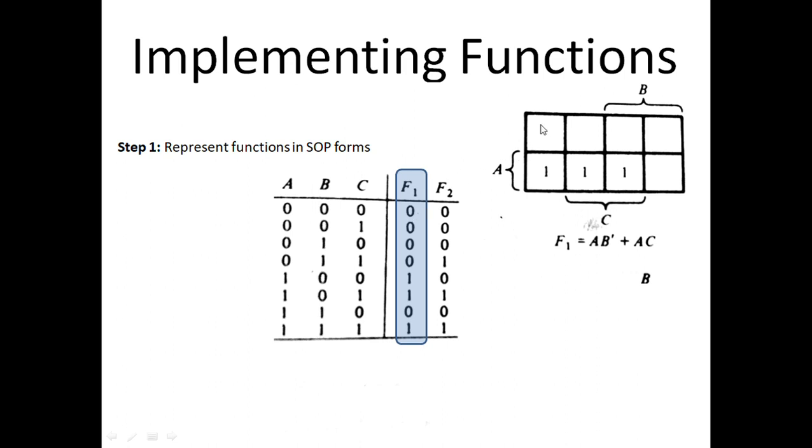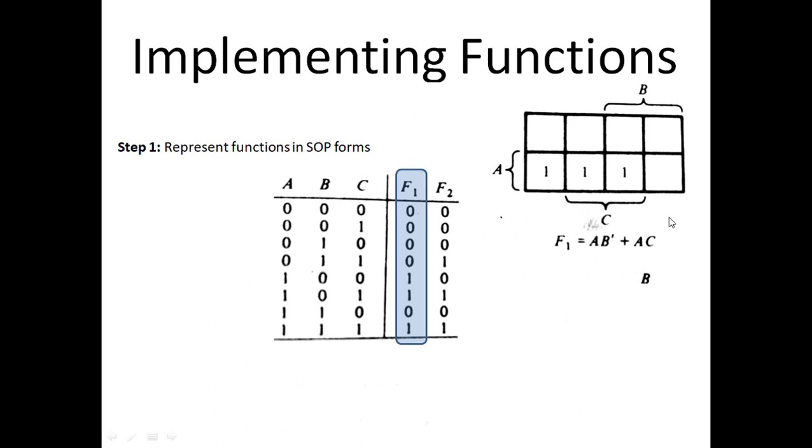For simplicity, we just write 1 so that we can group them and simplify the Boolean function. The empty boxes represent 0. So this is the K-map for the function f1.